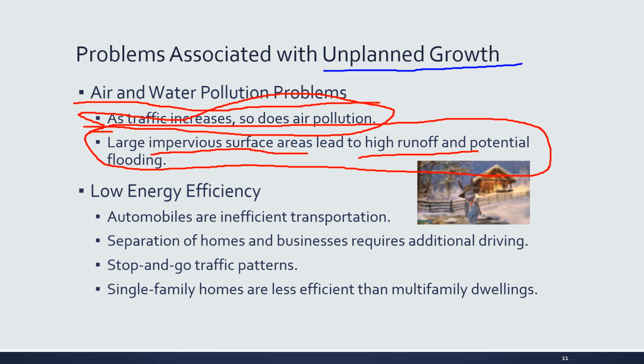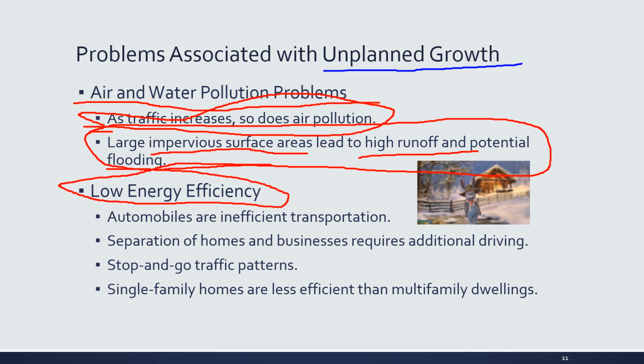We need trees and exposed land, soil, for us to absorb rainfall and to also absorb pollution. Our trees and soils break down pollution, particularly water pollution, and trees in some cases air pollution. So as we grow, our soils get turned into things that water cannot absorb into. And this creates incredible runoff. And we learned this very well with Hurricane Harvey and with previous storms like Allison and others.